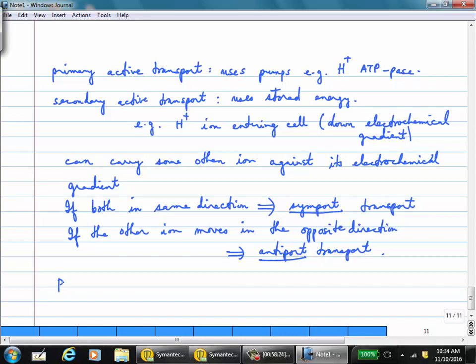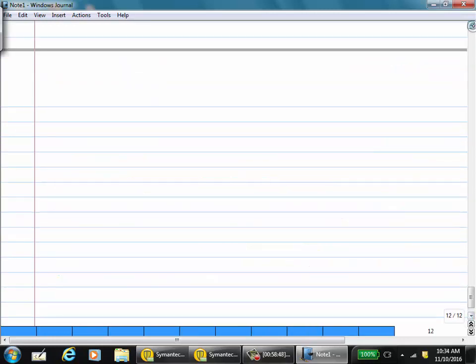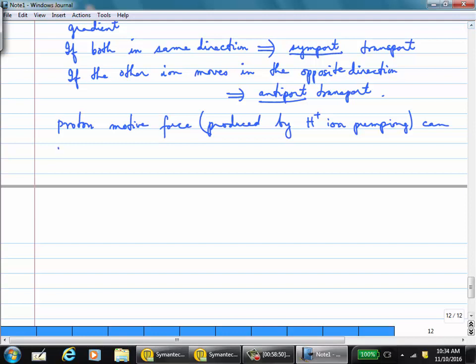So the proton motive force produced by hydrogen ion pumping can be used to generate ATP, right?